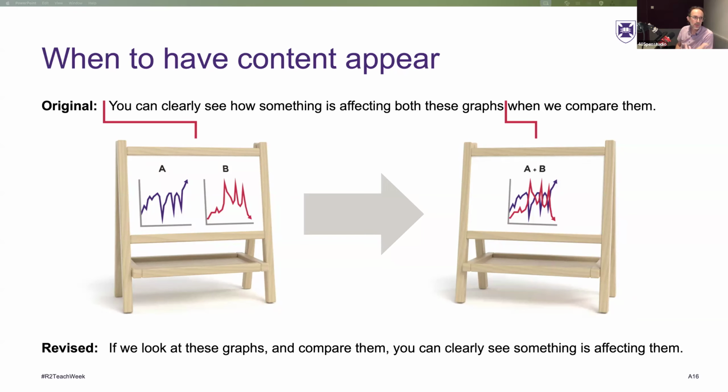So just rewording what you're saying to something like, if we look at these graphs and compare them, you can see something is affecting them. So having the comparison come a little bit earlier, because the comparison is more important than the original graphs, because the graphs are still in the comparison, but you're more wanting to focus on that comparison. So just changing the way you might say your sentences to have images come up and stay up a little bit longer. Again, more likely for stuff you might create or pre-record rather than a lecture, but still something to consider.